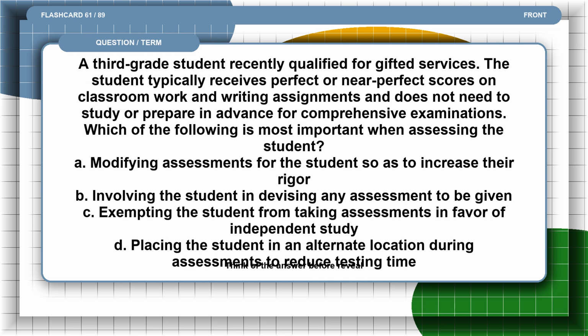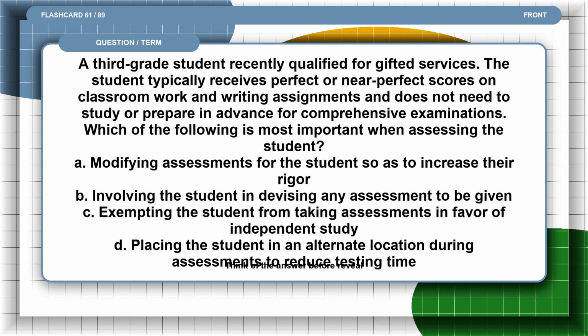Flashcard 61. A third-grade student recently qualified for gifted services. The student typically receives perfect or near perfect scores on classroom work and writing assignments and does not need to study or prepare in advance for comprehensive examinations. Which of the following is most important when assessing the student?